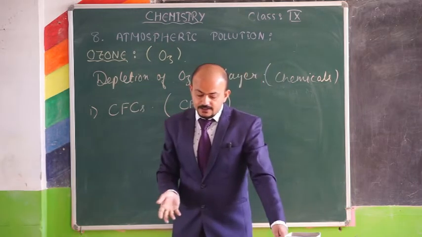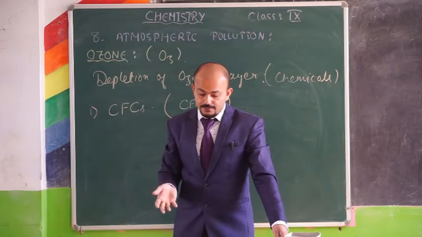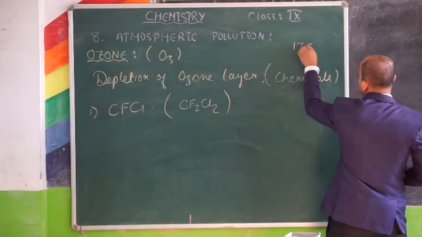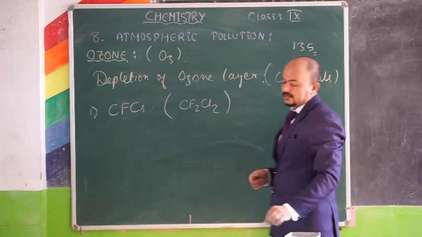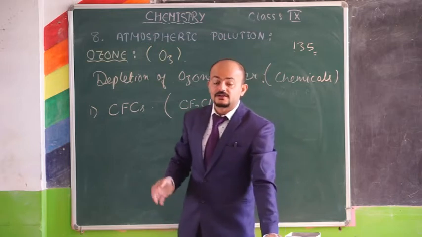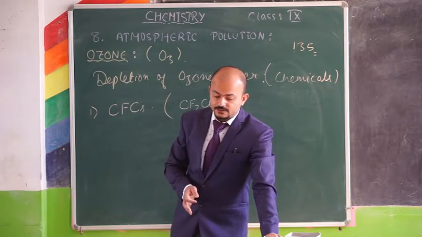The second one is fuel of planes. For this please refer to page number 135. When the fuels of planes burn, a large quantity of nitric oxide and other gases are emitted into the atmosphere. Nitric oxide reacts with ozone to form nitrogen dioxide and nitrogen trioxide.